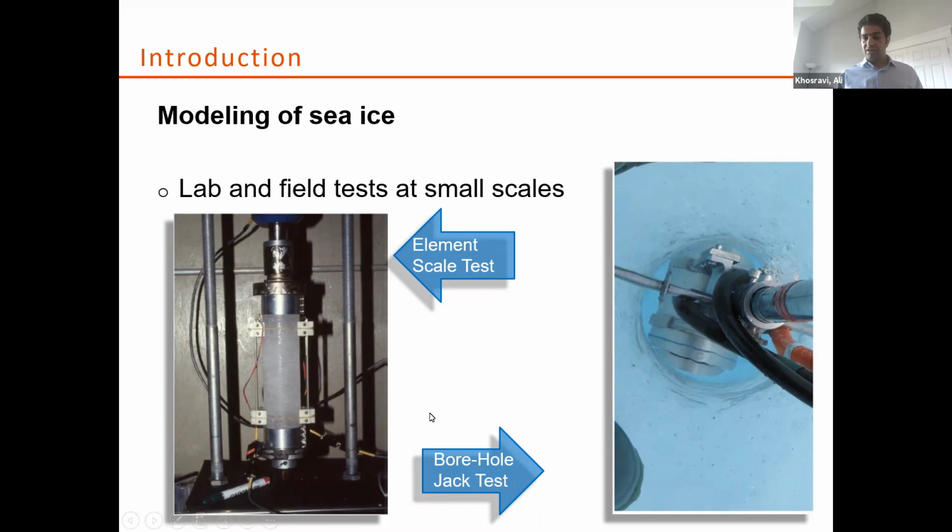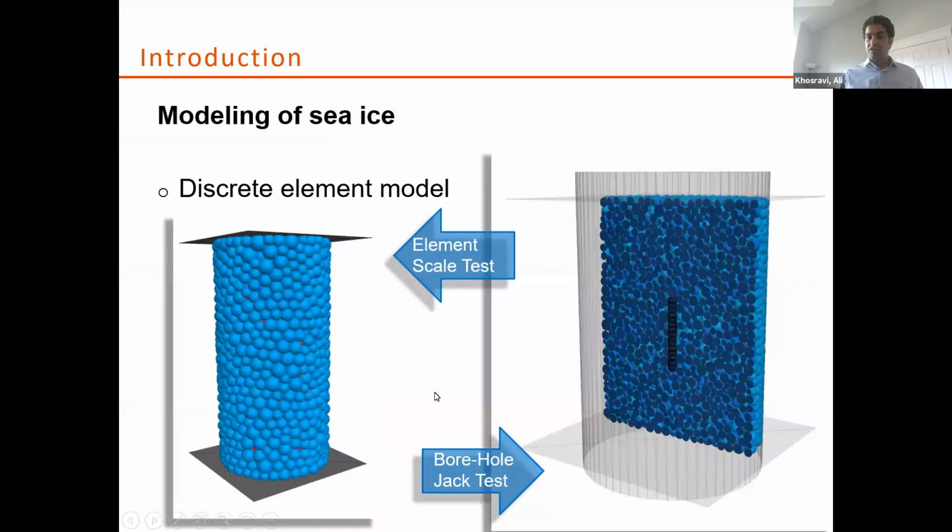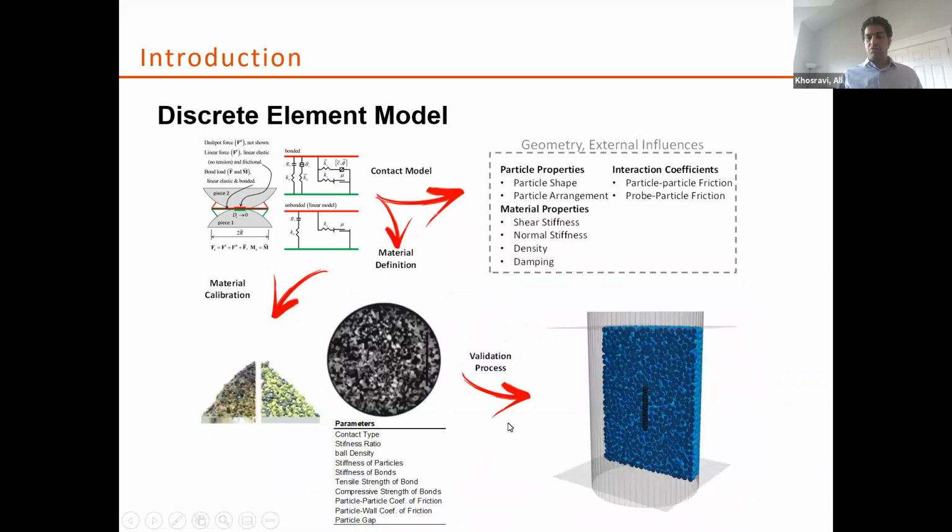My focus in this presentation is going to be on sea ice at this scale. Here you can see the configuration of the sea ice we usually have at this scale for an element scale test and for a borehole jack test, and the procedure for the modeling of sea ice at this scale is pretty much like what you can see here.